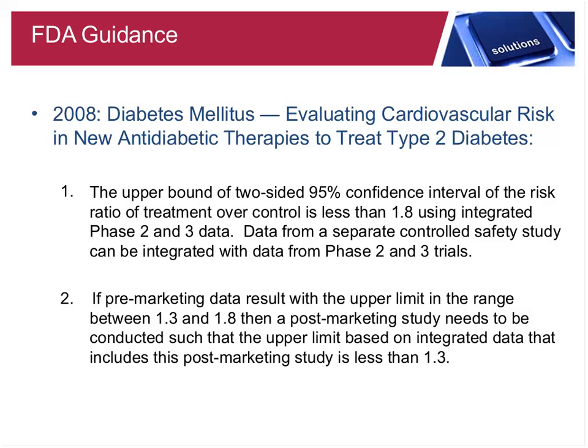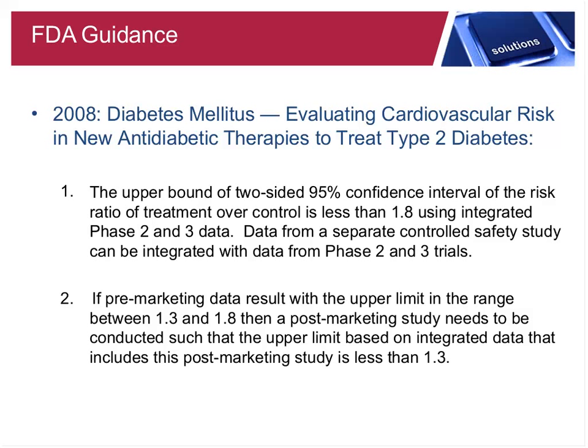And in order to accomplish this, the sponsor would be required to combine the cardiovascular data from all phase 2 and 3 efficacy trials, and if that information is not sufficient, the sponsor would be encouraged to initiate a separate cardiovascular outcomes trial in order to accomplish this requirement.